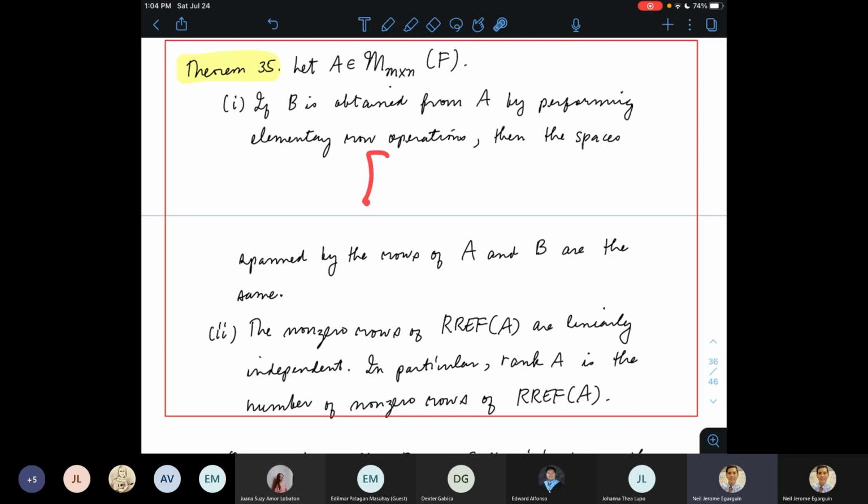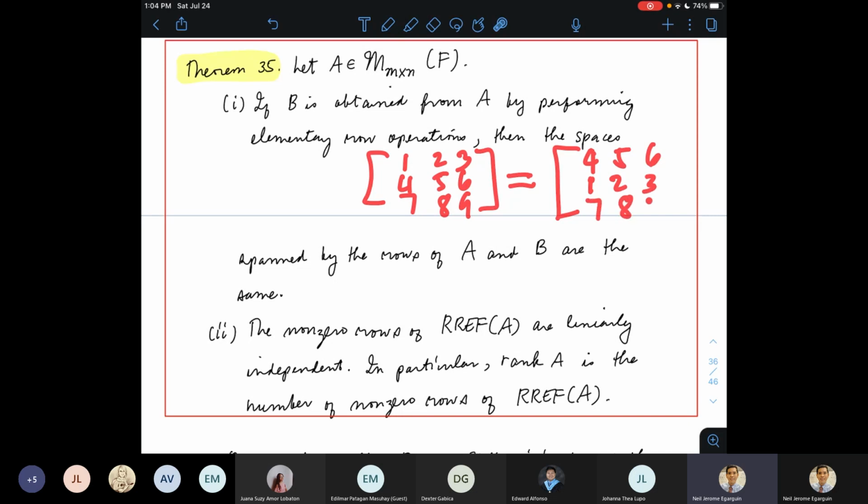So for instance, meron ka matrix 1, 2, 3, 4, 5, 6, 7, 8, 9. Gusto mo after RREF maging 4, 5, 6, 1, 2, 3, 7, 8, 9 siya, which is possible via ERO. Pero yung ERO hindi lang siya lexicographic na operation in the sense na hindi mo lang talaga pinagpapalit yung nakikita mong characters.